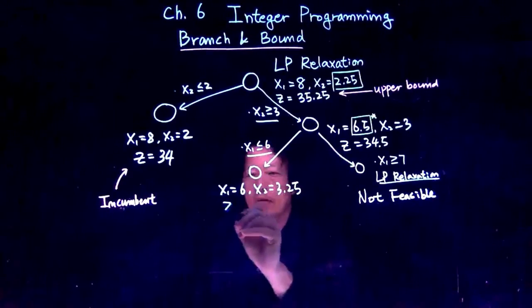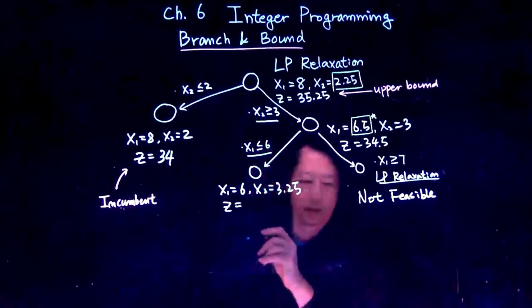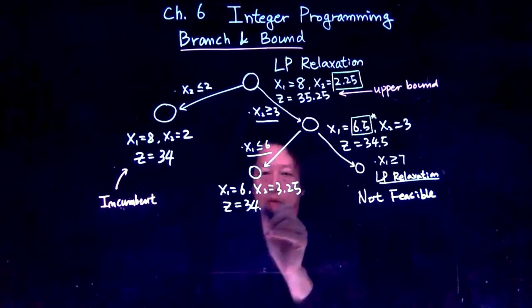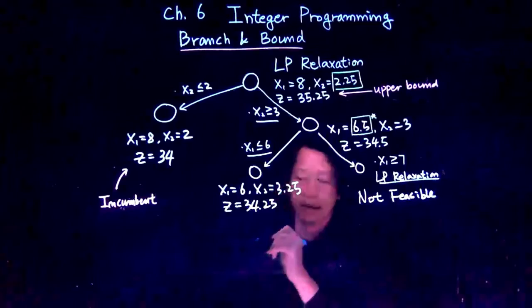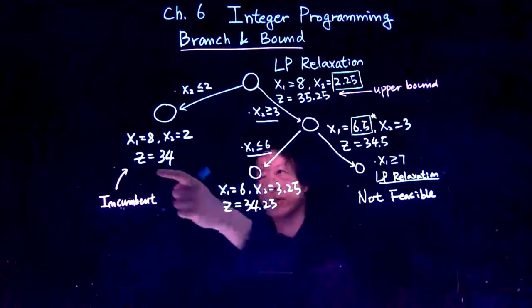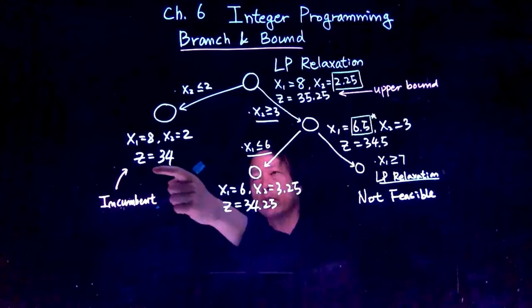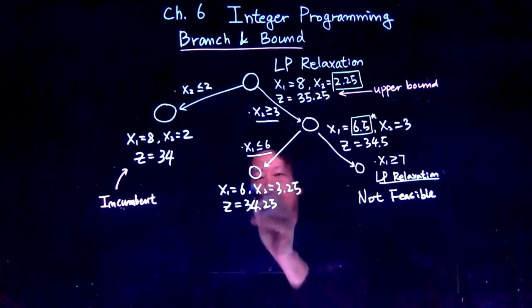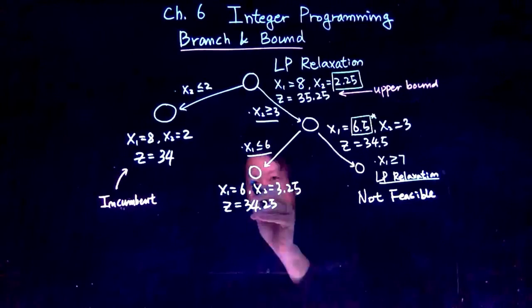Now we find that the objective function z is 34.25. And then we can keep going because the lower bound is 34, but this is still greater than 34. We can branch out more.